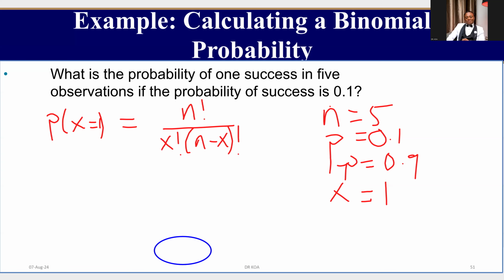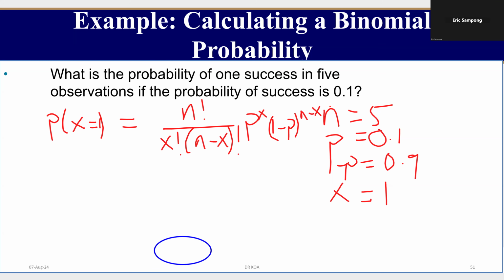Remember the rest? P raised to the power X, and then 1 minus P raised to the power N minus X. This is it. Write it down.